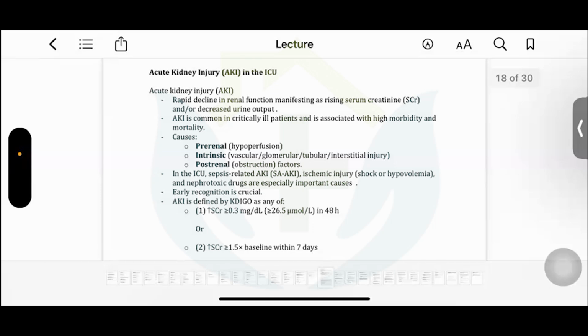What is the most common reason? Drug induced. Say again. Drug induced. Okay. Anybody else with a different answer? Pre-renal. Anybody else with a different answer?